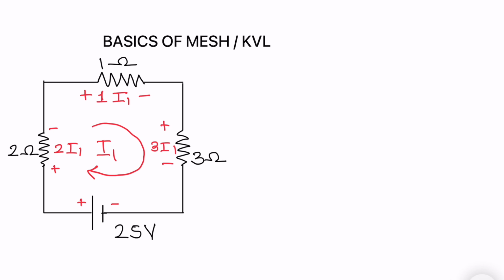So let us write down the equation again. First element, minus 1 into I1. Second element, minus 3 into I1. Third element, plus 25.